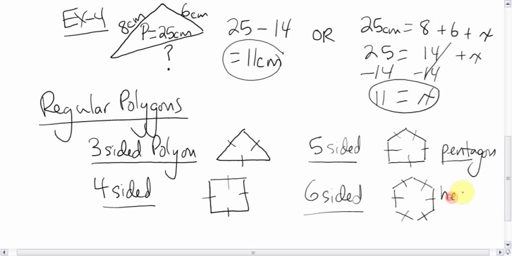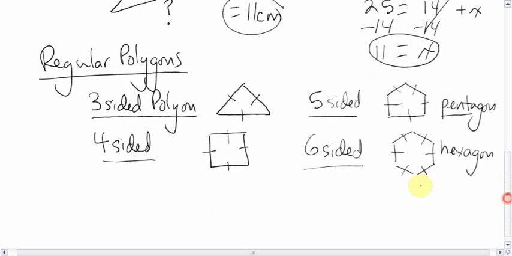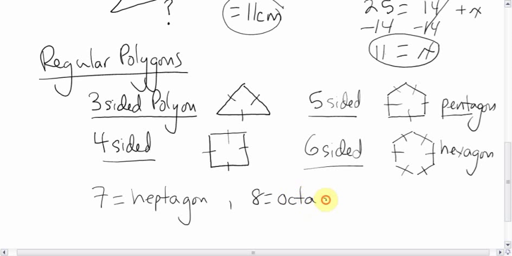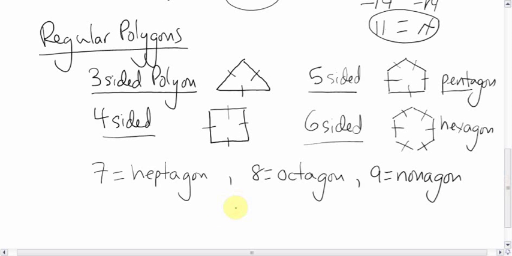That's a hexagon. And it goes on and on and on. I'm not going to draw out the 7-sided. I'll just tell you that 7-sided is a heptagon. 8 is the stop sign. Octagon. 9 is a nonagon. And 10, decagon.